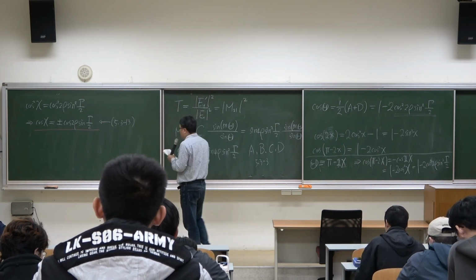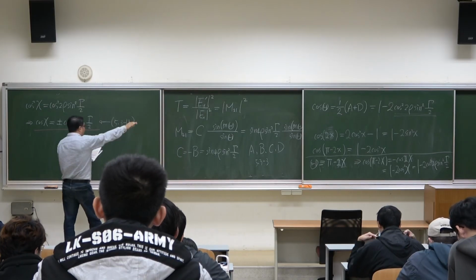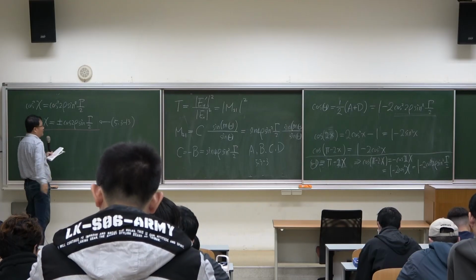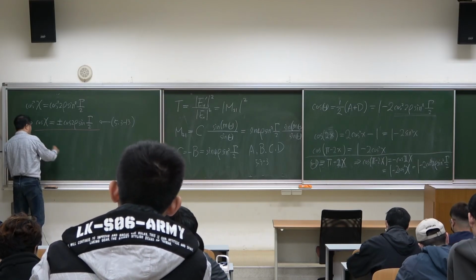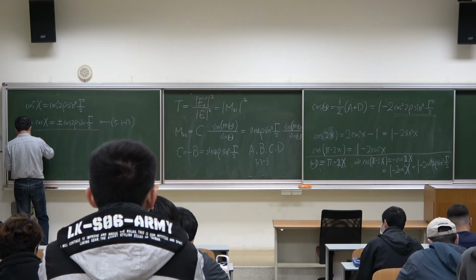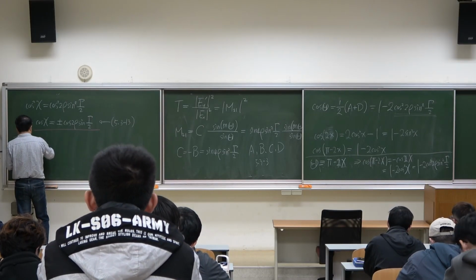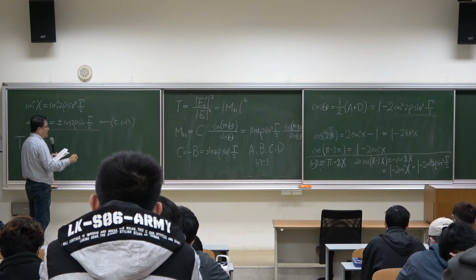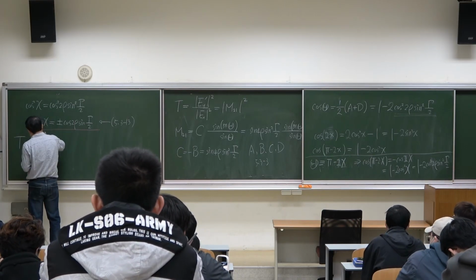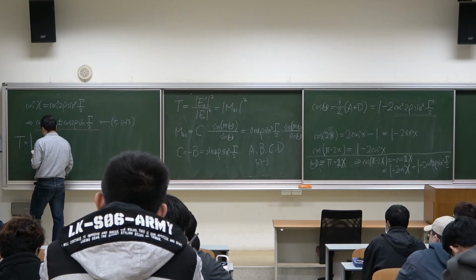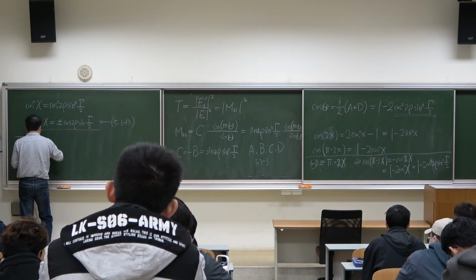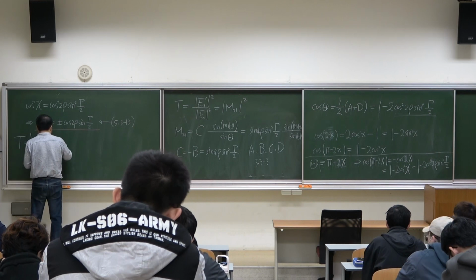Then if we use this formula, then t can be represented as the square root of sine square sine 4 rho. We can write sine 4 rho as 2 sine 2 rho cosine 2 rho.